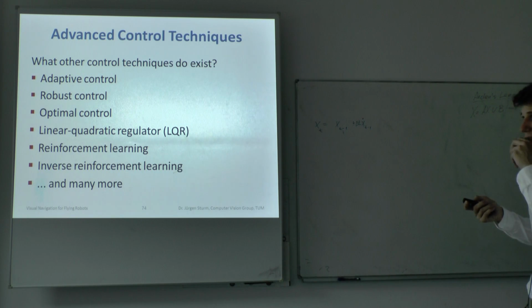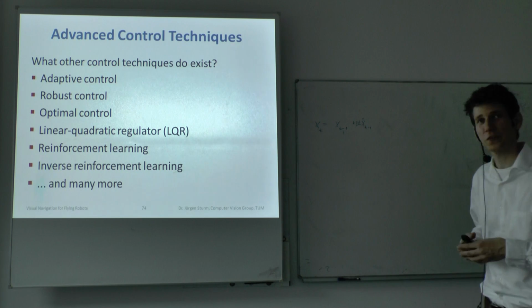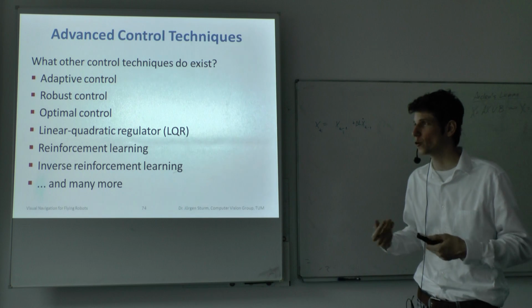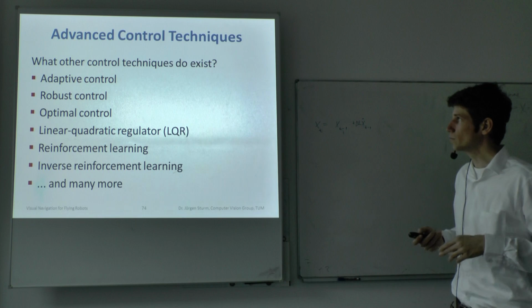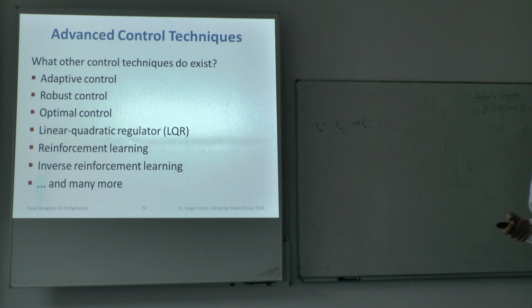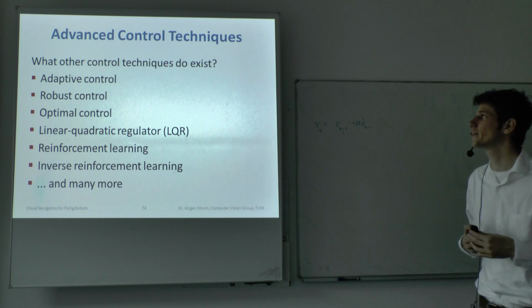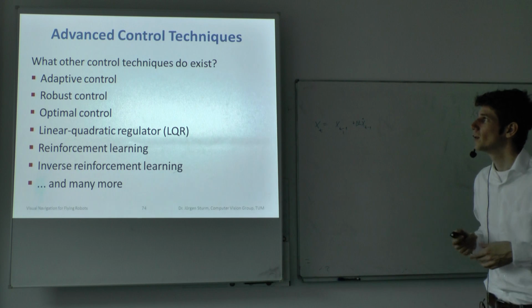Adaptive control means that you change the coefficients, or your controller, according to a meta observation of how good your control is. For example, if you see that you're controlling something very well, you could increase the gains. If you see oscillations happening, you could decrease the gains, and so on.